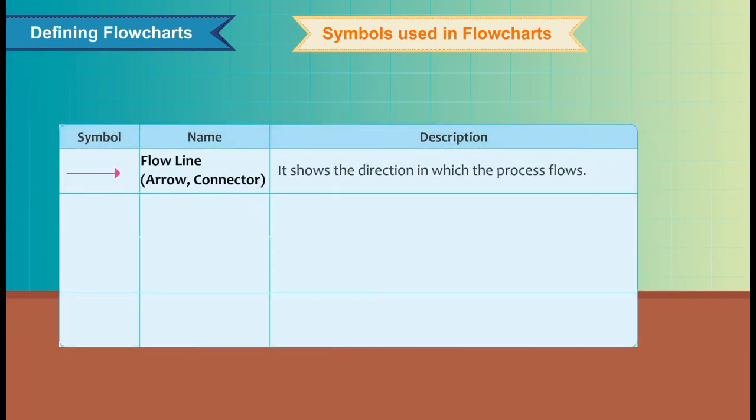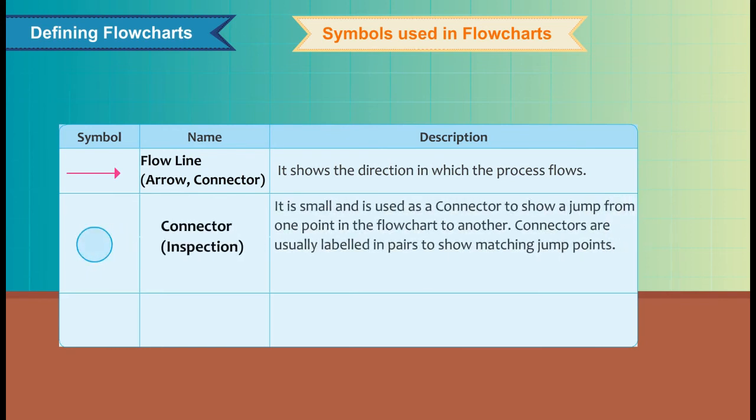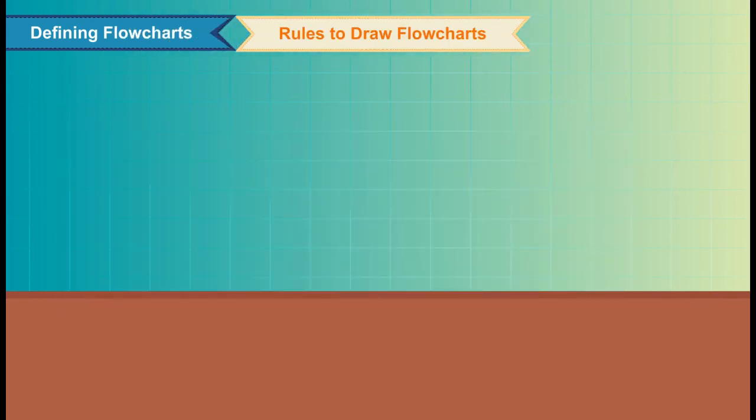Flow line, arrow, connector: it shows the direction in which the process flows. Connector: it is small and is used as a connector to show a jump from one point in the flowchart to another. Connectors are usually labeled in pairs to show matching jump points.